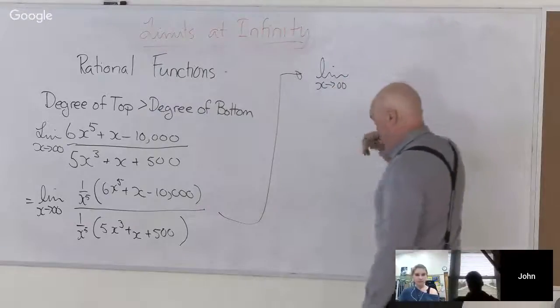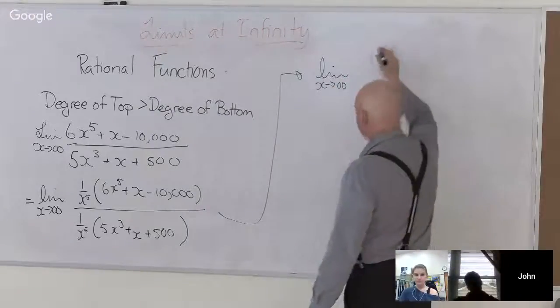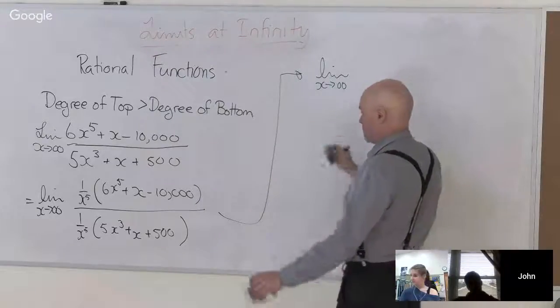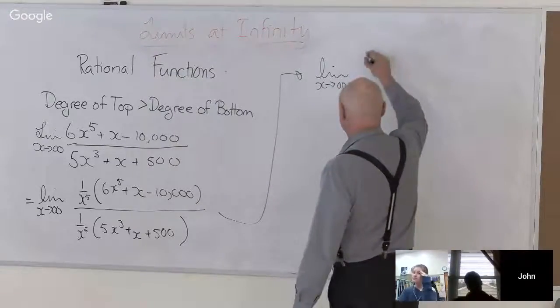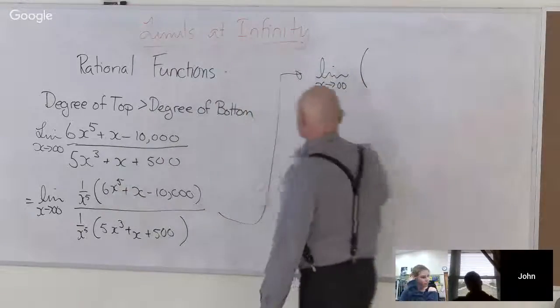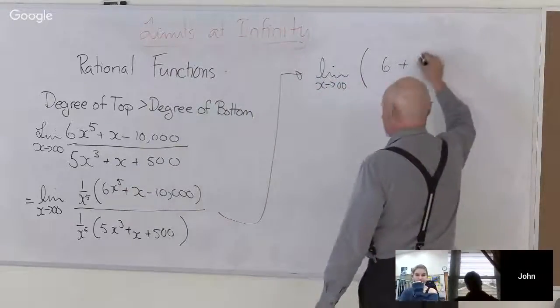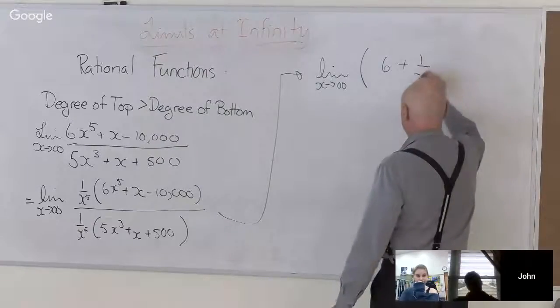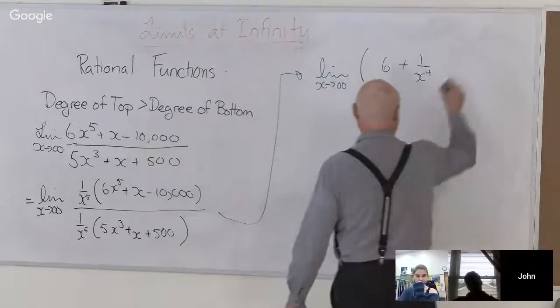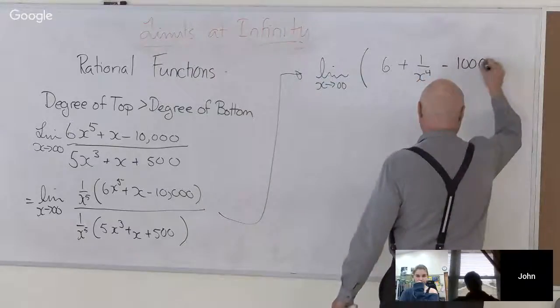By the way, I expect you to be able to explain why this works, but I'm not going to ask you to do a bunch of multiplying by 1 over x to the fifth on a test. So 6 over x to the fifth divided by x to the fifth is just 6, plus x divided by x to the fifth is 1 over x to the fourth, and negative 10,000 divided by x to the fifth.